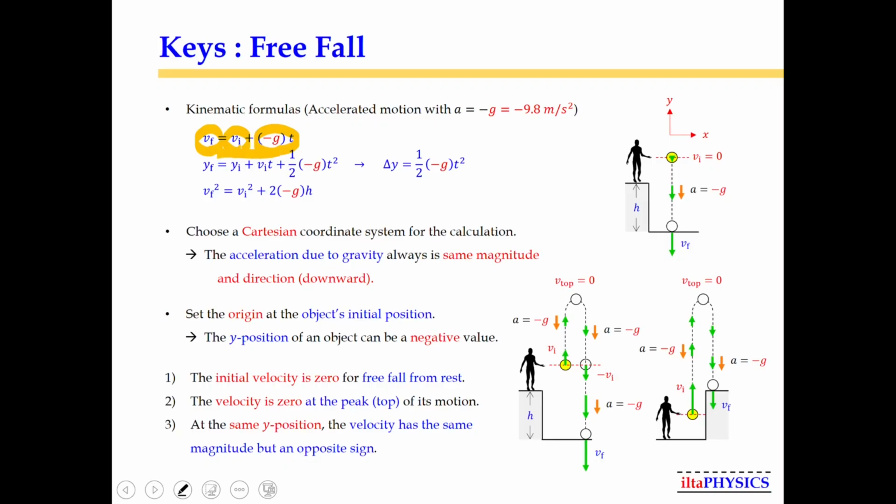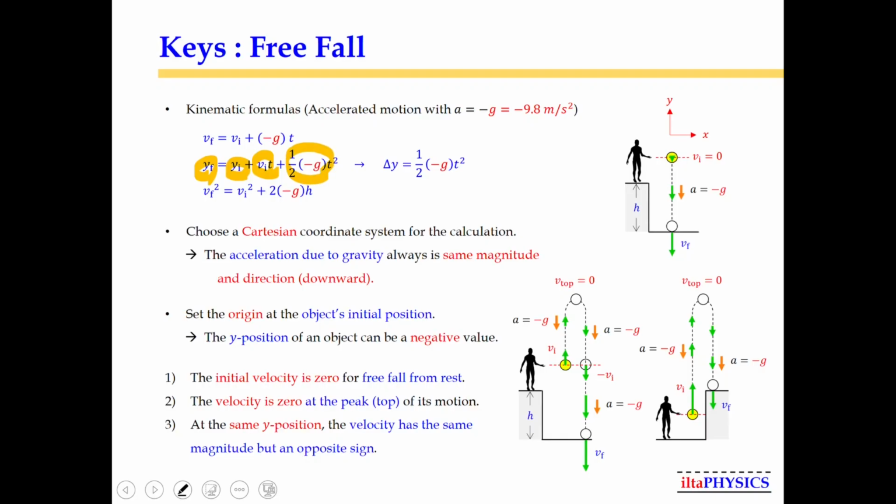In our system, gravity is opposite to the positive direction, so it's written as minus g and calculated as negative 9.8. Next is the position equation. Since the movement is vertical, we usually use the variable y. The final position is the initial position plus initial velocity times time, plus half of the acceleration times time squared.